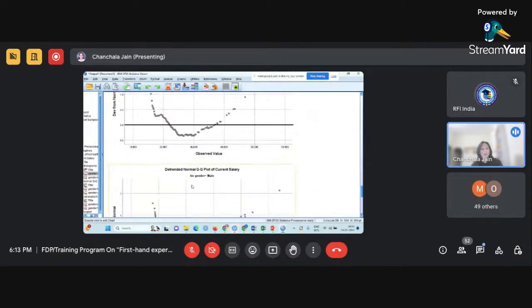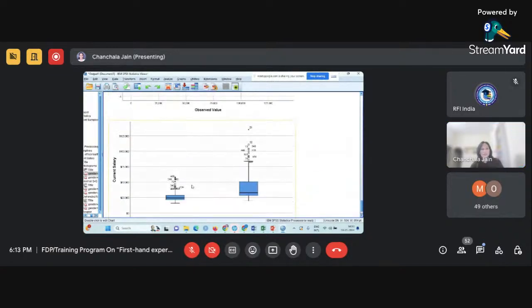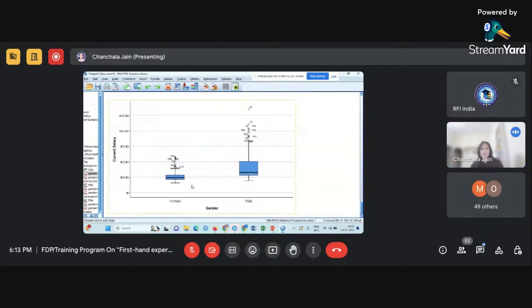Now talking about the box plots, we are getting two box plots, one for female, second for the male. As the range is very small, females are getting the salary in this particular range. That is why the size of the box is small here. Here you can see the males are getting higher salary in comparison to females.